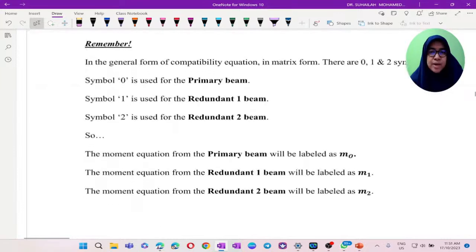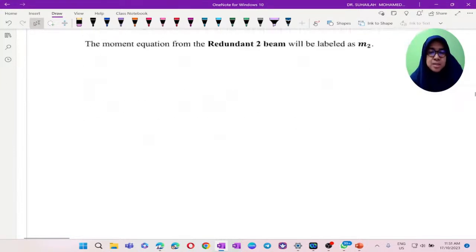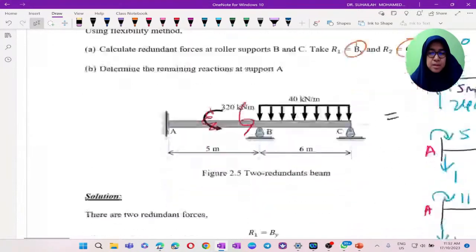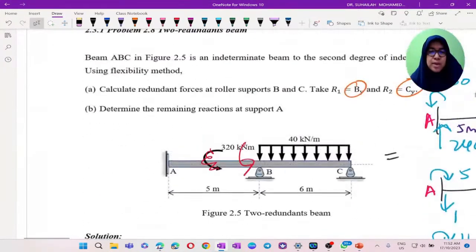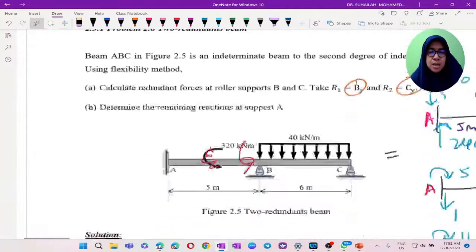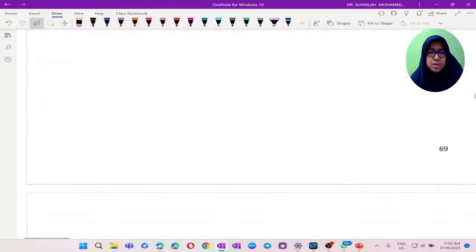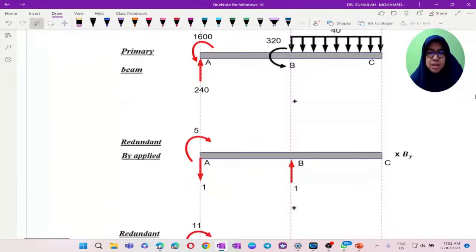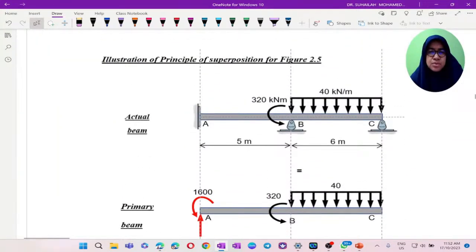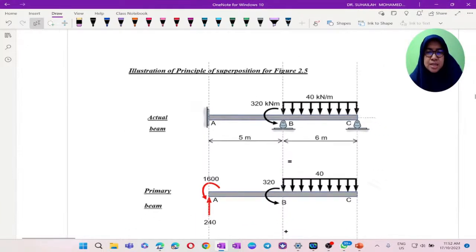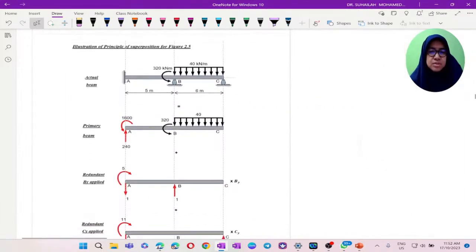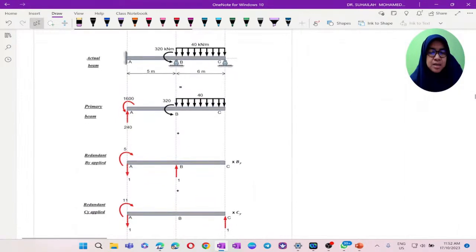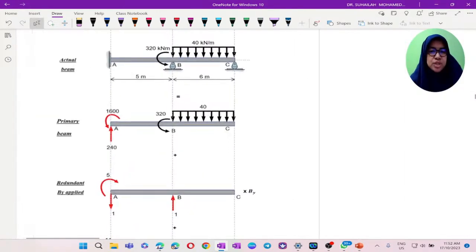I have also explained what I just said. This is one example in the module. You can also refer to this illustration. I have drawn this to represent the principle of superposition.